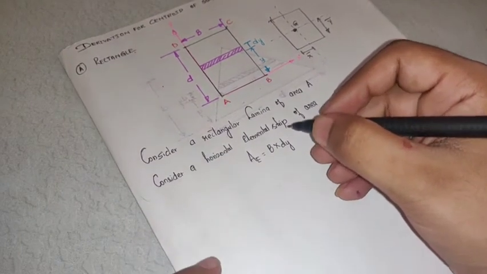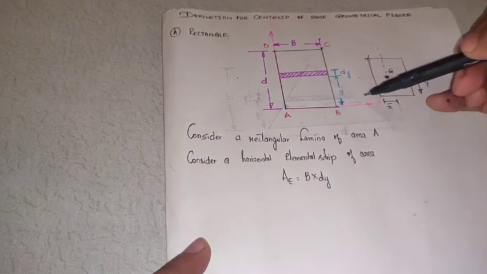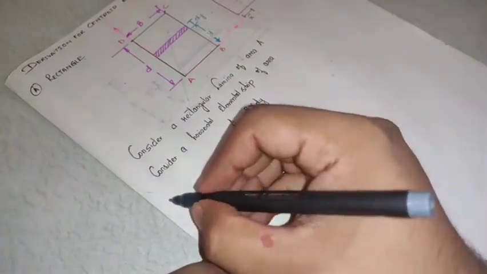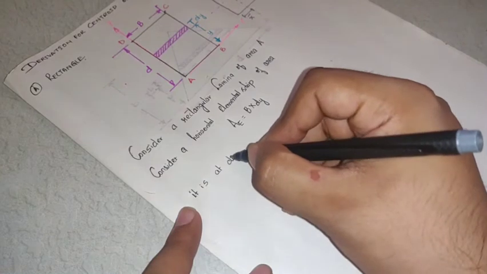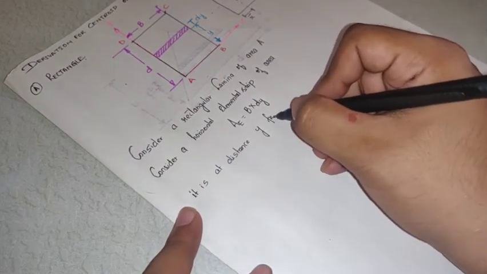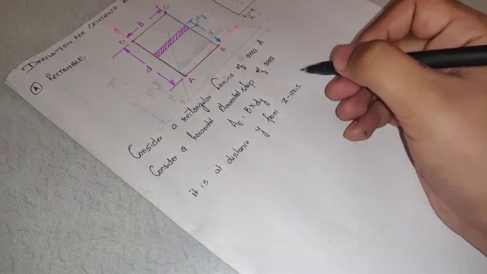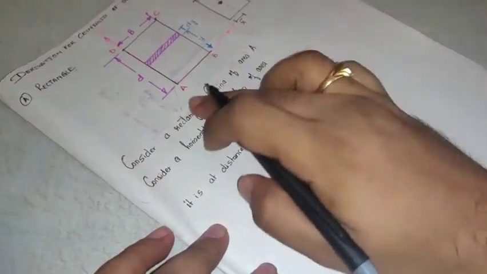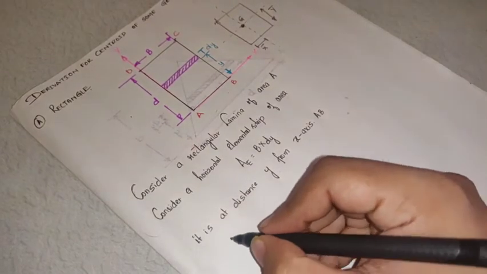Now what is the distance of this elemental strip from this axis? It is at distance y from the x-axis. That x-axis I'll call AB. Now what is the area of the rectangle?